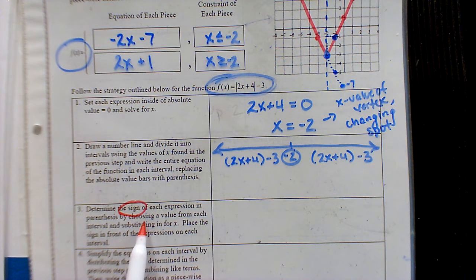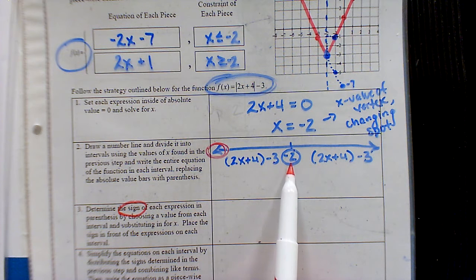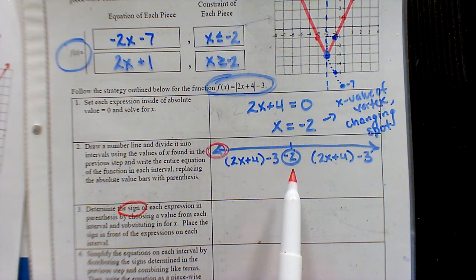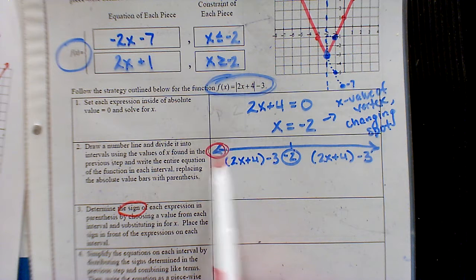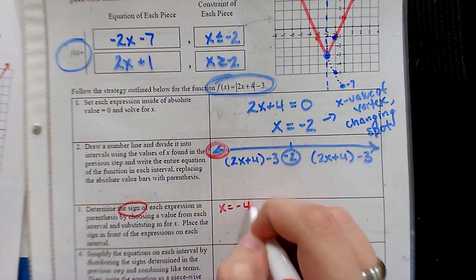So to do that, we're going to choose a value from each interval. Now in this left-hand interval, it's saying you can go all the way to the left, but you're stopping at -2. So I want you to pick any x value you want between -infinity and -2. Pick something easy. -4. All right, so let's say we have an x value of -4.